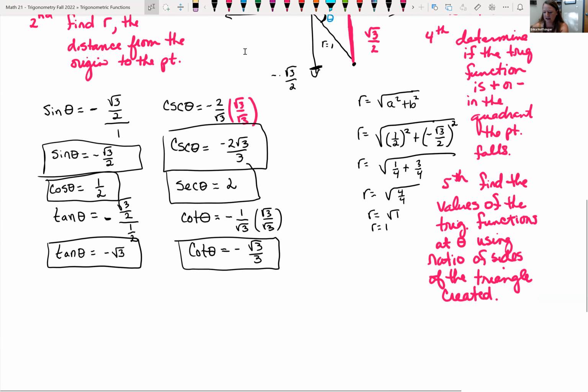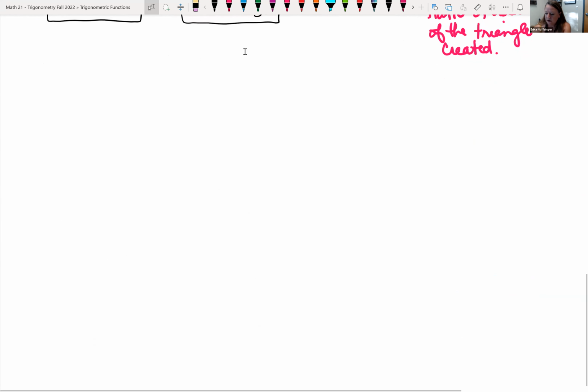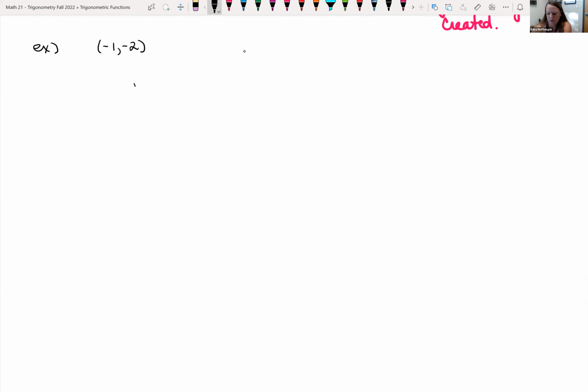So let's say we're given the point this time is -1, -2. So first we're going to plot our point. So -1 going over to the left 1, and we're going to go down 2.